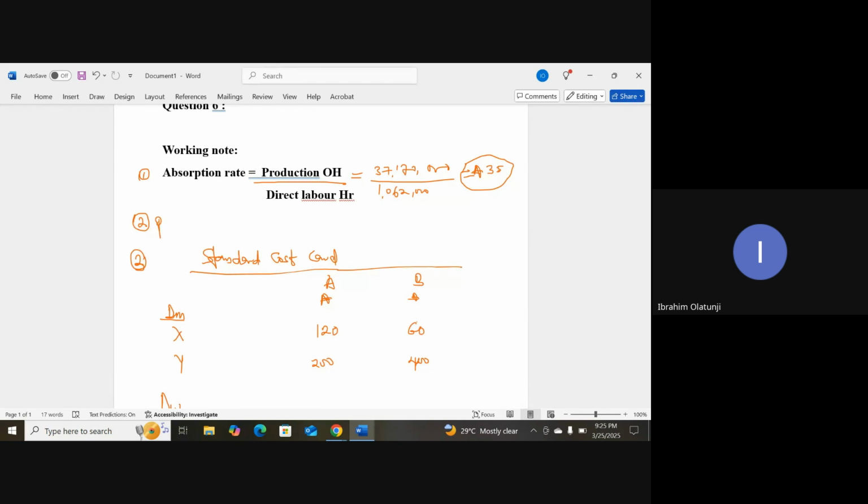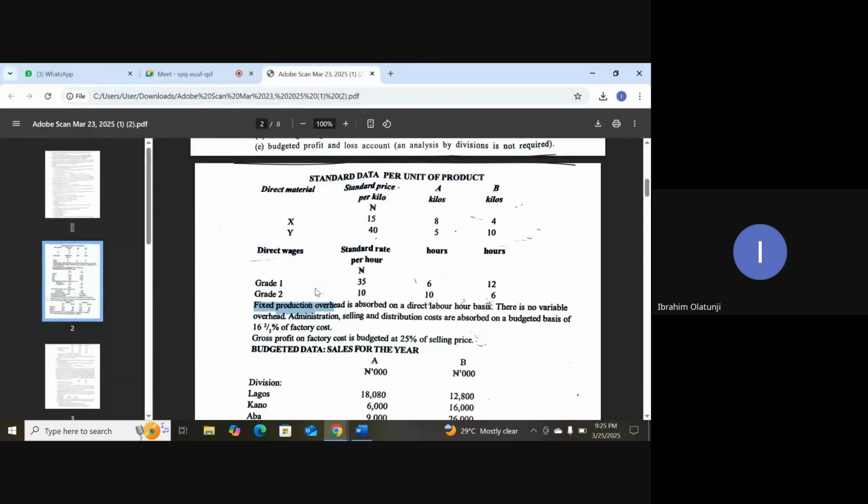So production overhead for product A will be 35 naira multiplied by, we are told that it has to be based on the direct labor hour.